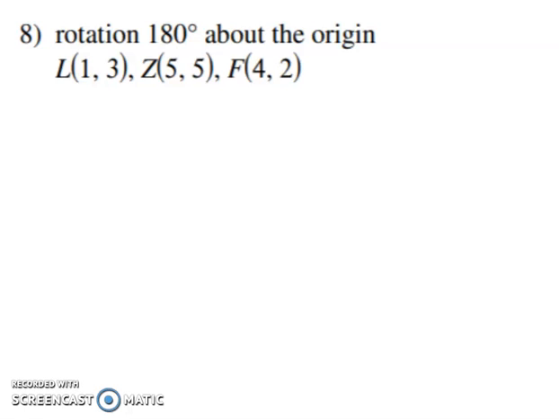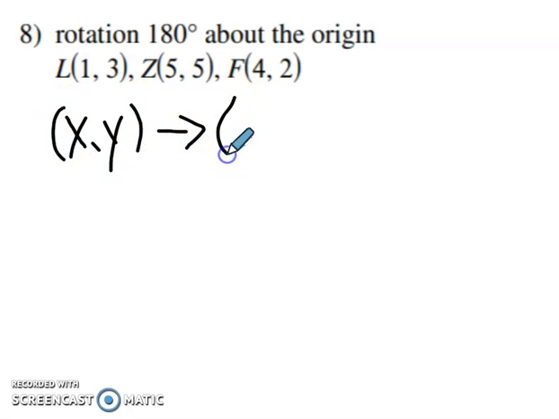They're giving you the coordinate points, and now we can just apply our rule. Remember, our rule for rotation 180 degrees is our x comma y, our coordinate point, changes into the opposite of x and the opposite of y. And the order and where they are doesn't change. We're just changing the signage of our x and y values.